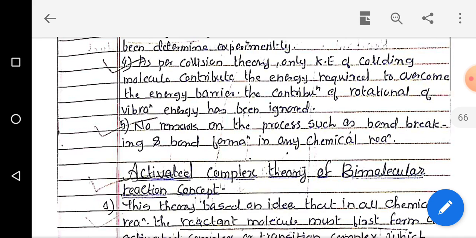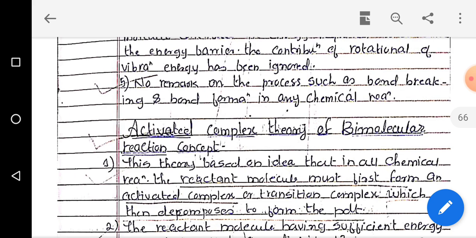Only kinetic energy is considered; rotational energy, vibrational energy and translational energy are not considered in the collision theory. So this is also one of the drawbacks.